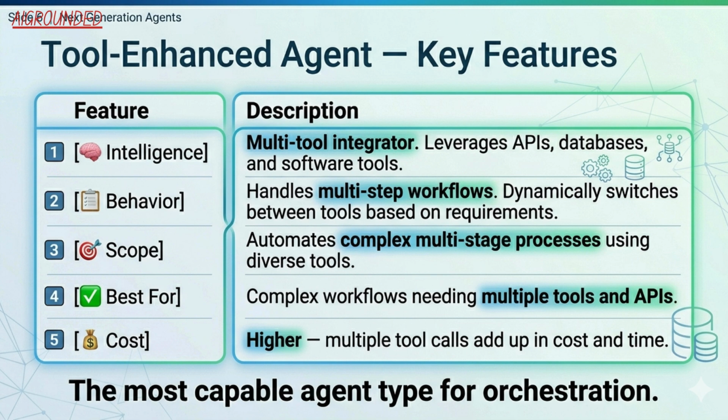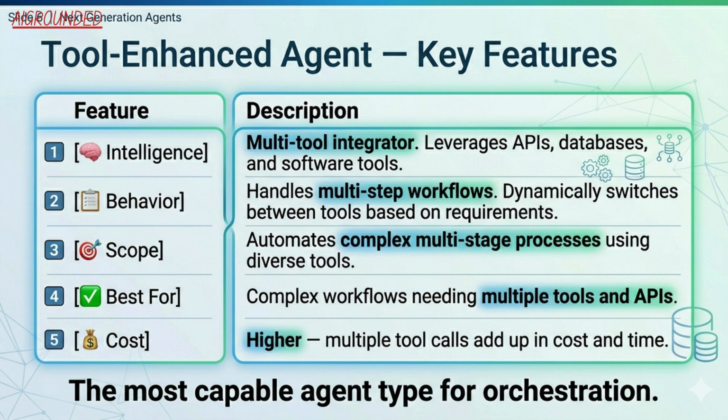The key characteristics of tool enhanced agents tell a compelling story. Intelligence. They act as multi-tool integrators, leveraging APIs, databases, and software tools as needed. Behavior. They handle multi-step workflows and dynamically switch between different tools based on what each step requires.